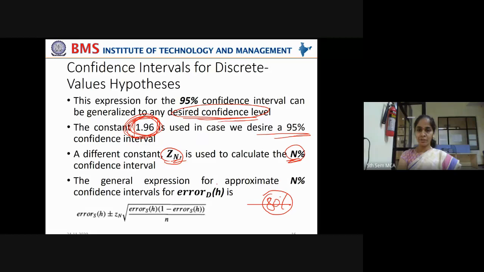The general expression for approximate n% confidence intervals for true error is, now how can you calculate the true error? It is sample error plus or minus critical value multiplied by the square root of sample error times 1 minus sample error divided by n. Okay, so that will give you the true error.